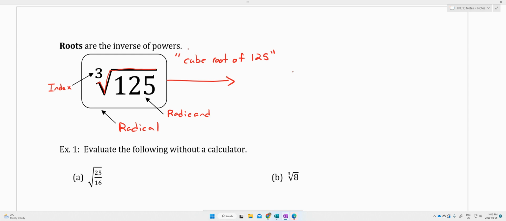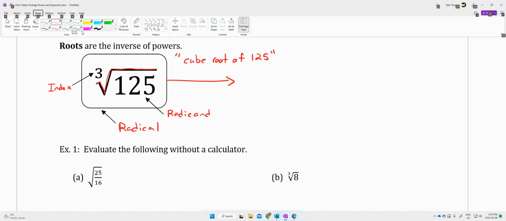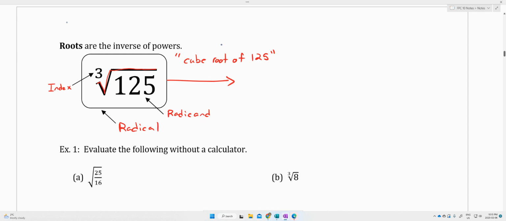Well, the idea is that we want to figure out what number multiplied by itself 3 times would result in 125. That's how we find the cubed root, to go backwards. So we have to say, what number multiplied by itself 3 times is 125?